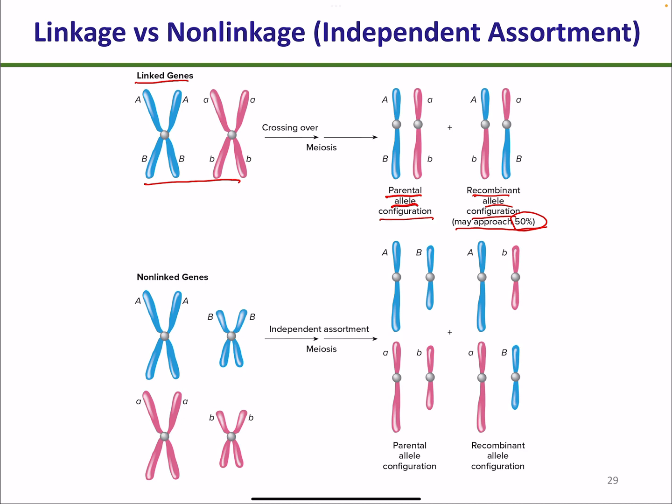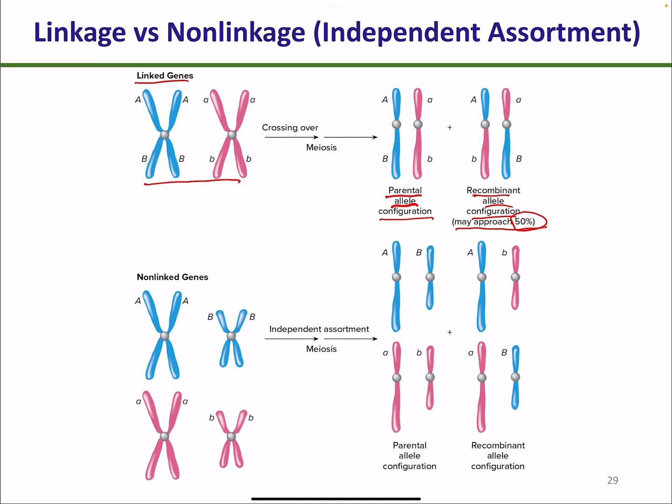Let me repeat that. There is a certain distance when genes are far apart that even though they are on the same chromosome, they are going to behave at the end of the day as if they were on different chromosomes.